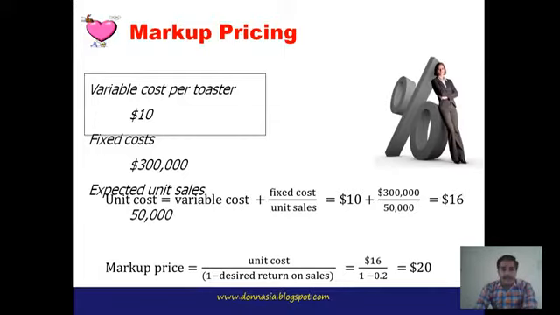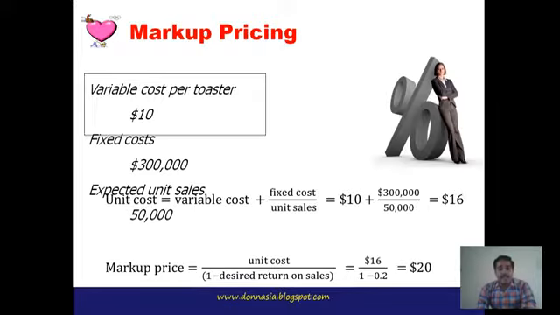markup pricing method. In our example, the variable cost per toaster is $10, fixed cost is $3 lakh, and expected unit sales is 50,000. So unit cost is equal to variable cost plus fixed cost upon unit sales.